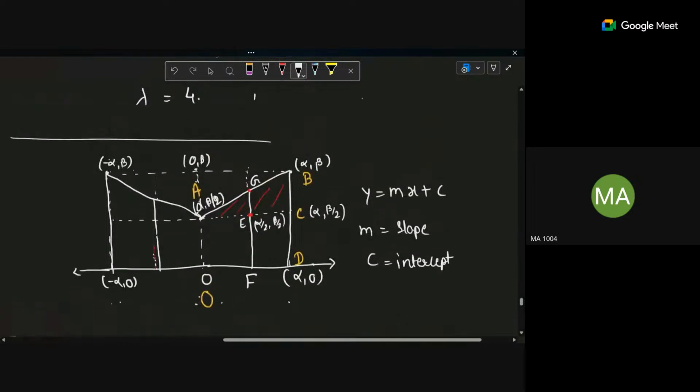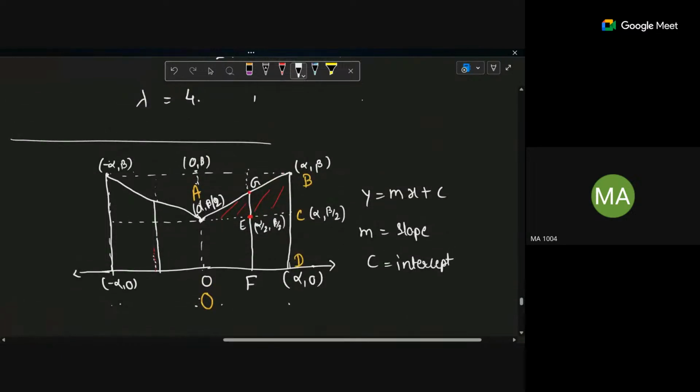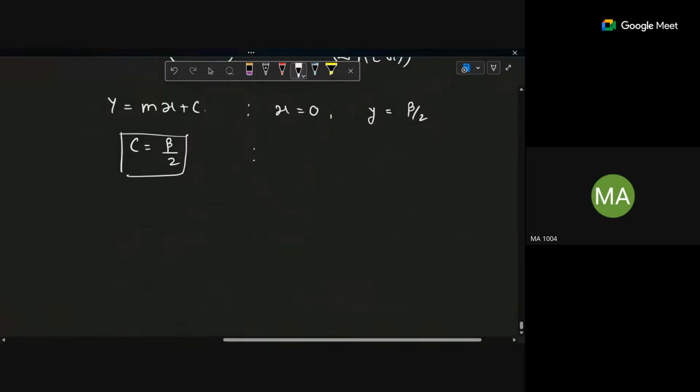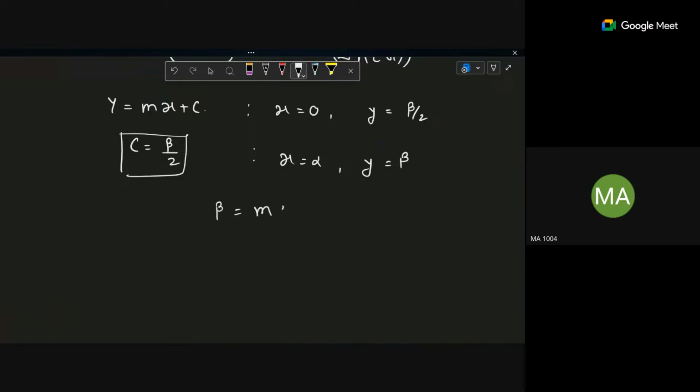Now use point B, which is alpha comma beta. When x takes value alpha, y takes value beta. So beta equals m alpha plus beta by 2, which implies m is beta by twice alpha. Now you know m and c both.